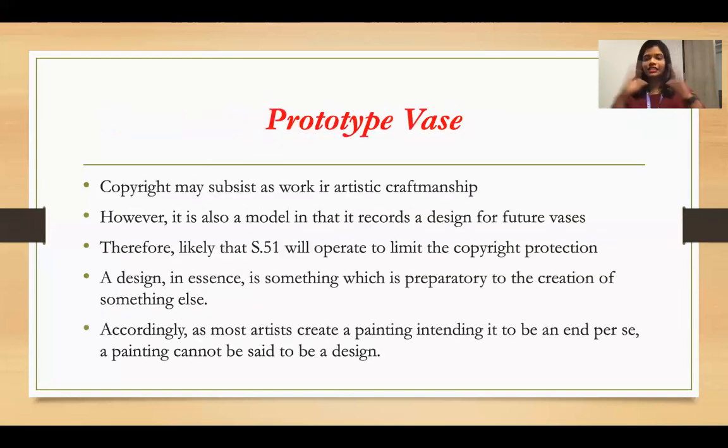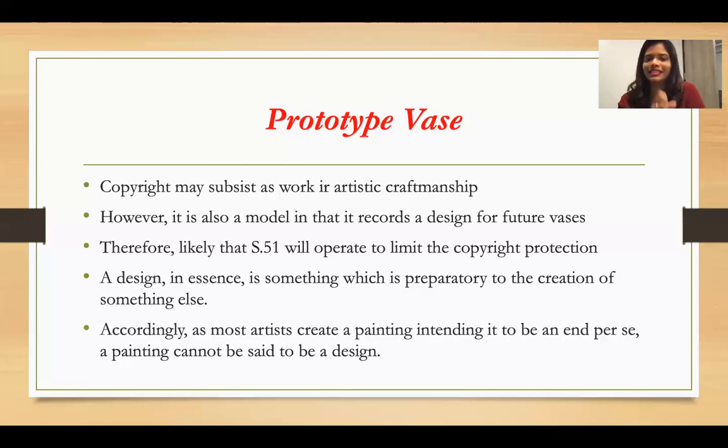Okay, so this prototype vase is what we look at. So this prototype vase is what I told you. If you Google for prototype vase, basically it is a vase that has a design on it. The designer will draw designs on the vase, and this is what the courts will look at, whether it has a functionality, whether this is an artistic craftsmanship, and the court says that this prototype vase can be an artistic craftsmanship.